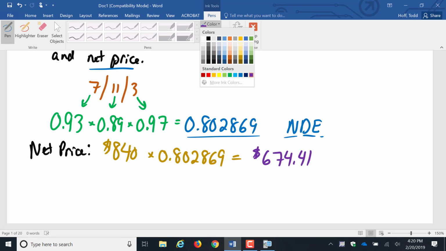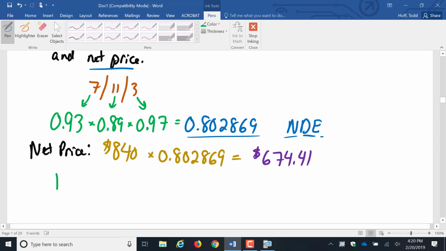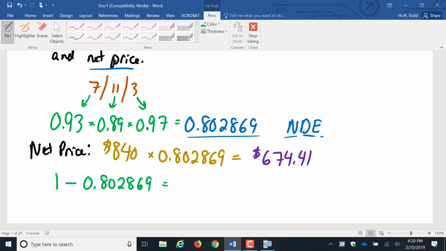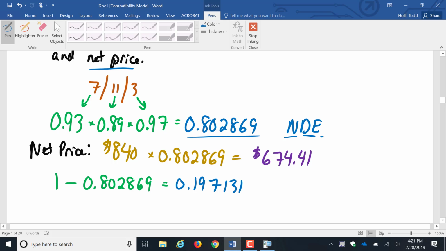To find the trade discount then, we're going to take 1 minus that net decimal equivalent. That's going to give us 0.197131. That is that single discount equivalent.